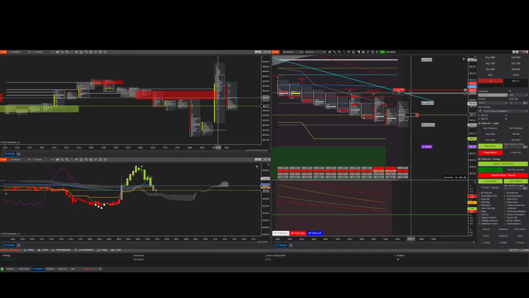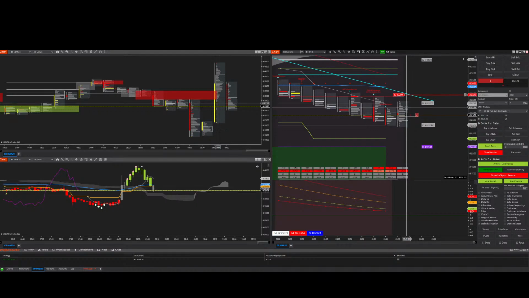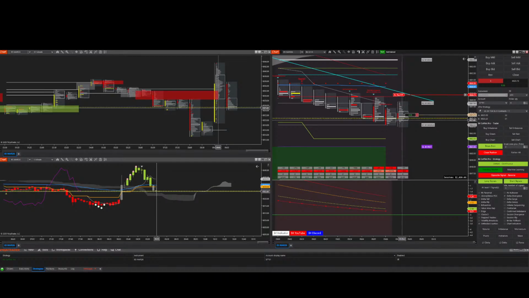Move this risk down here. We're garnering a lot of support here.